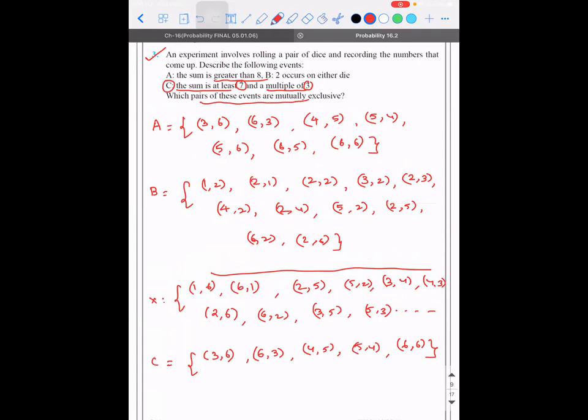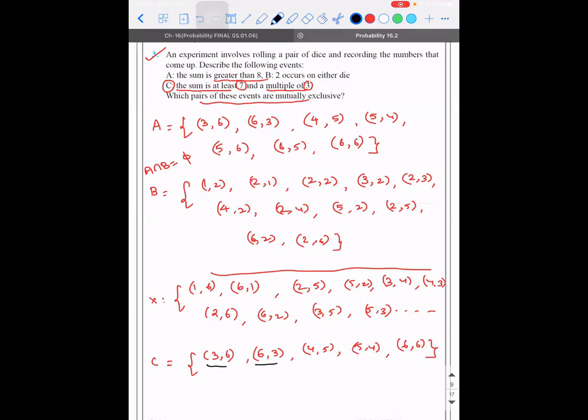A and B are, because in A there is no 2, while in B everywhere there is a 2. So A intersection B is a null set. Similarly, what about A and C? A and C will not work, because of (3,6).